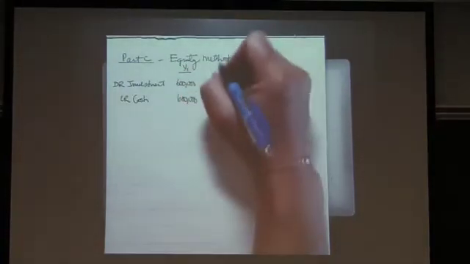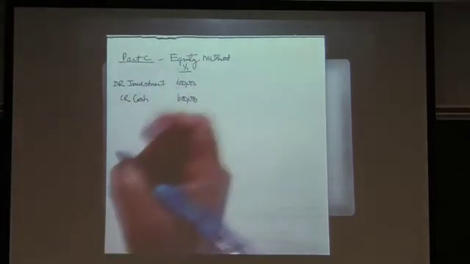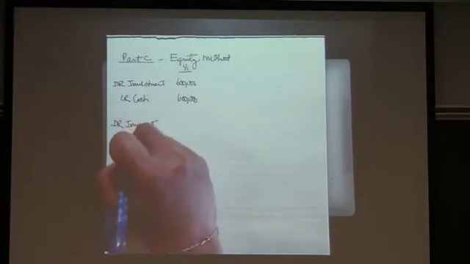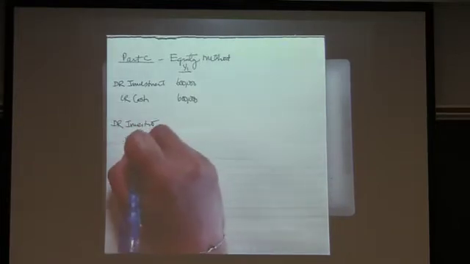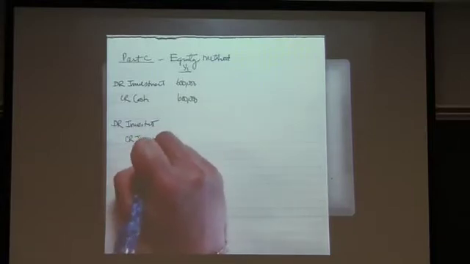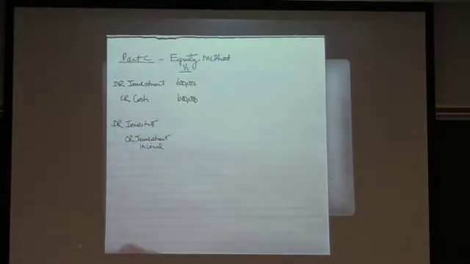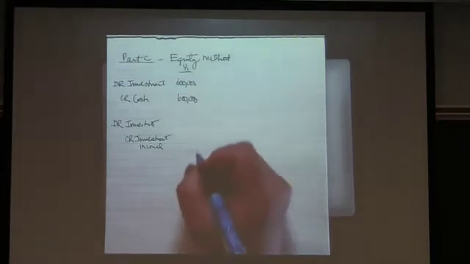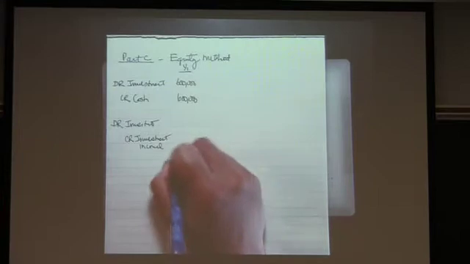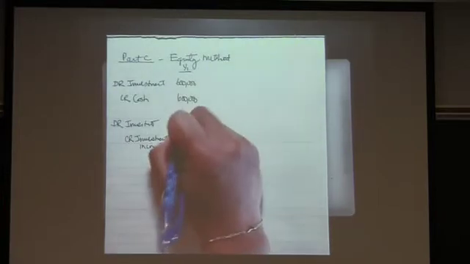Now, for year one, we're going to pick up our share of income, so debit investment, credit investment income. This would be $80,000 times 75% for year one, and that would be $60,000.